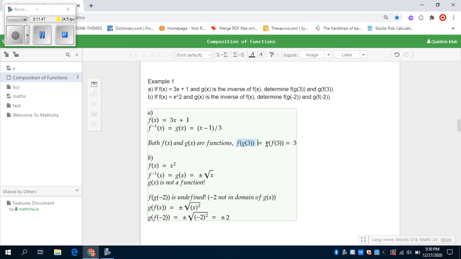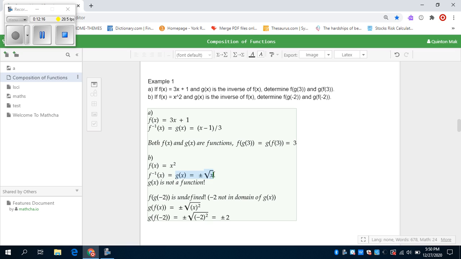Second question, note that when you find the inverse, you have to take a plus minus square root. So this is not a function. The plus minus square root graph is not a function, so we cannot use the identity. So we have to do it normally. If we sub in negative 2 to f of g of x, then g of x is a square root, so the square root of negative 2 is undefined.